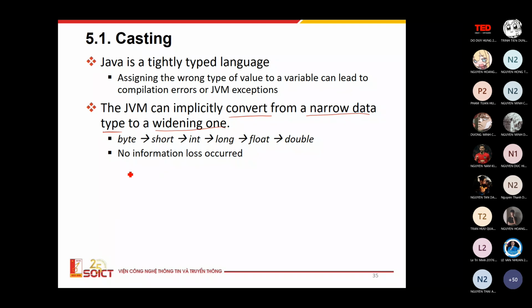That means from the byte, in byte you use just 1 byte to store the value of byte. Okay, for short, how many bytes you use on the memory? 2. 2, yeah, 2 bytes. For int, 4. 4, yes. And long? 8. 8. Yeah, float? 8. No. 16. No. 4. 4, yeah.